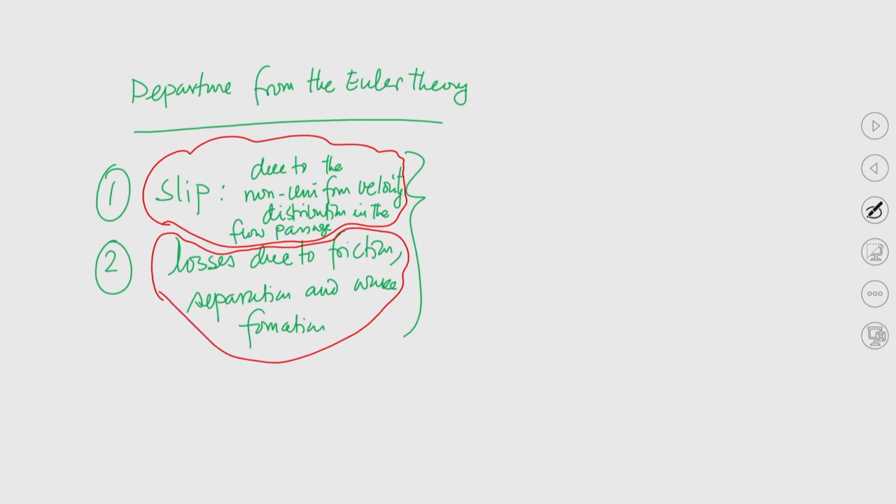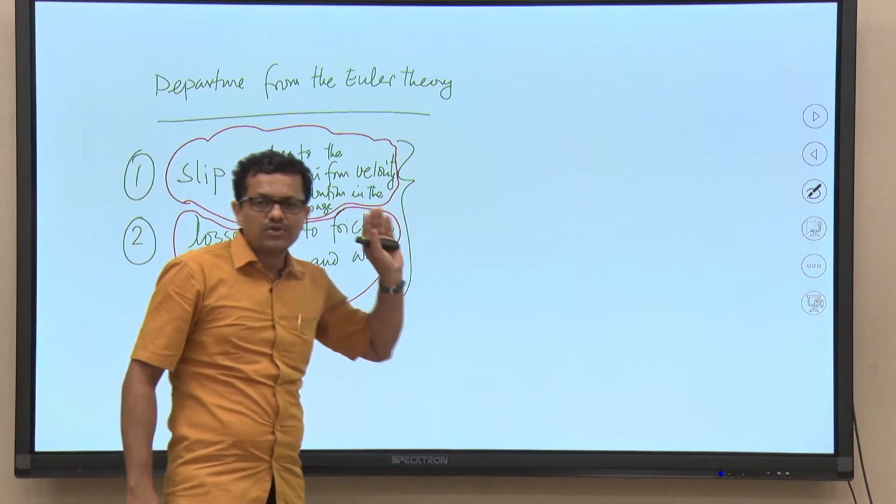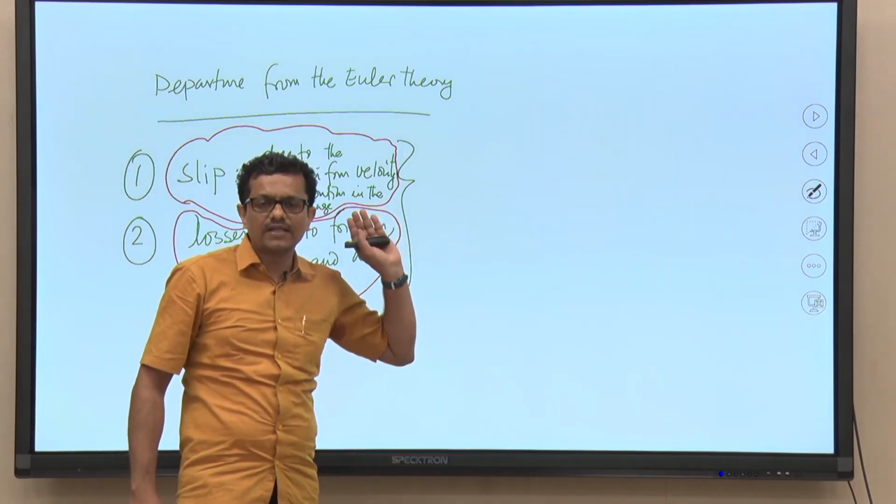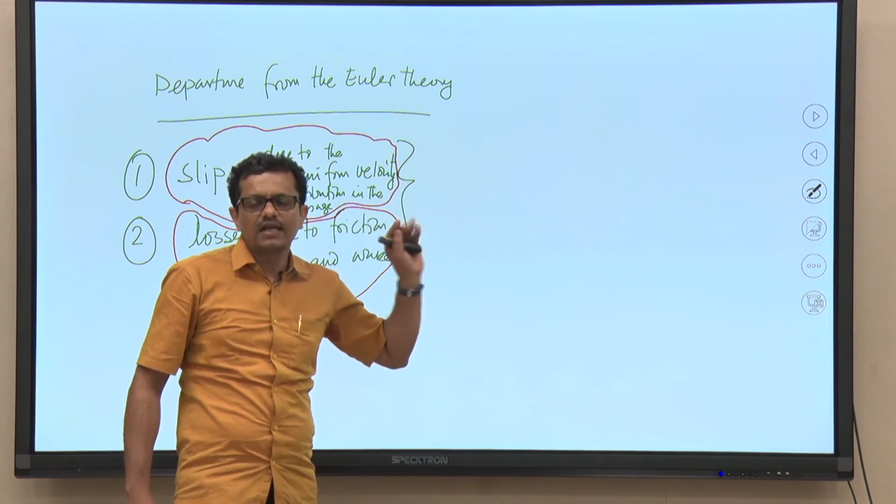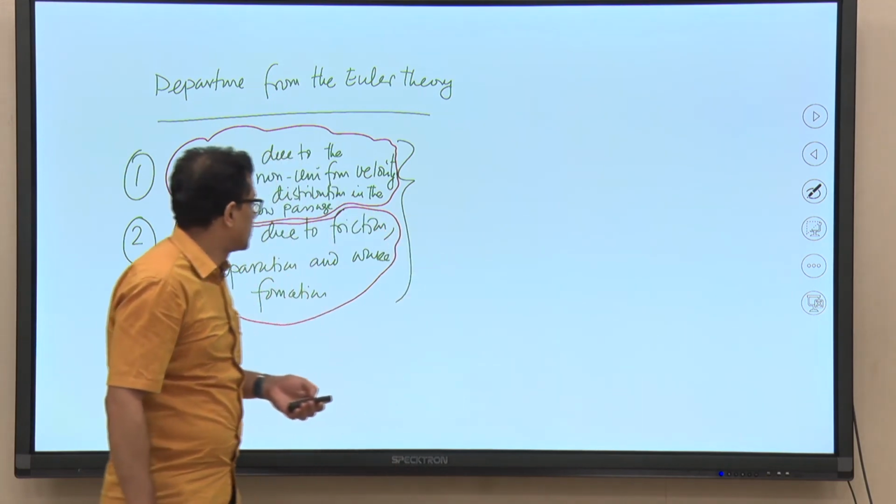Okay. So, we have discussed. Now, what is most important is that we have understood these two reasons for which the head which will be developed by the pump will definitely be less than that predicted by the Euler equation.